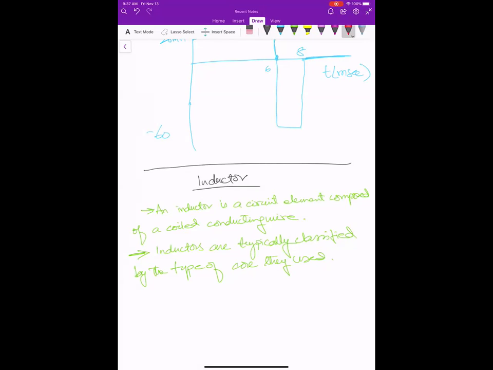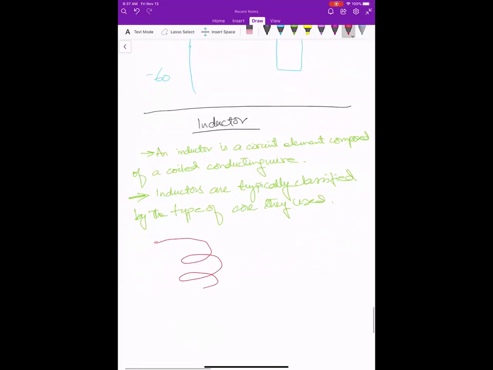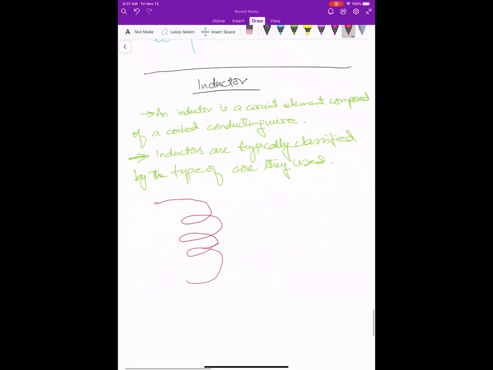This is the inductor picture, the most general picture of an inductor.